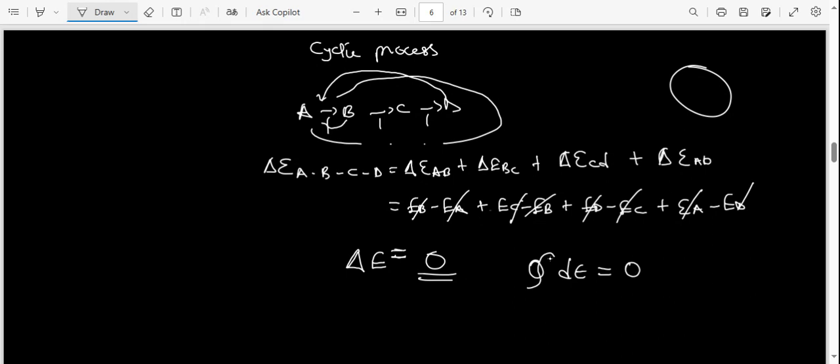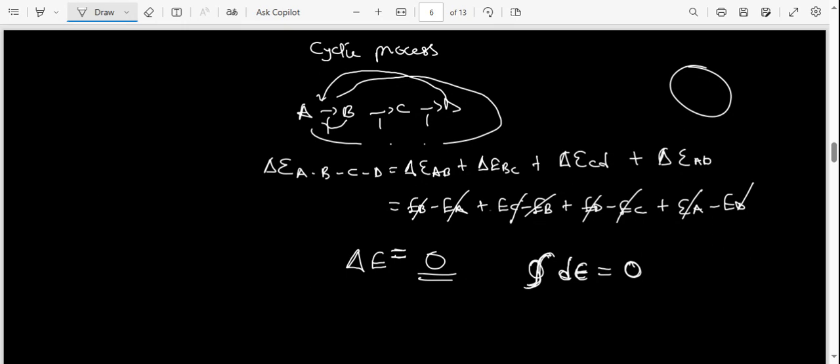All right, so this is the integral, right? And if a function obeys this, the integral of this dE, which is just the change in energy, is equal to 0. Some functions will obey this, and those functions which have this and give the same differential as 0, we'll call them what?